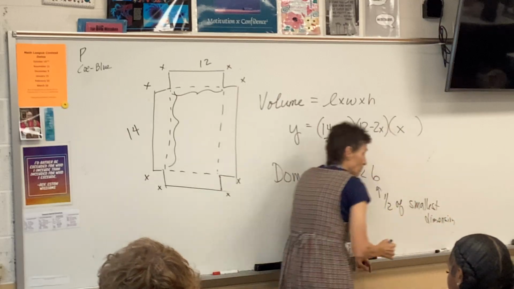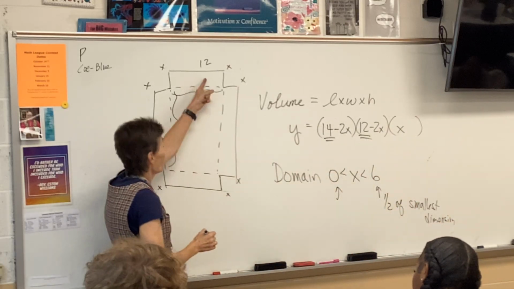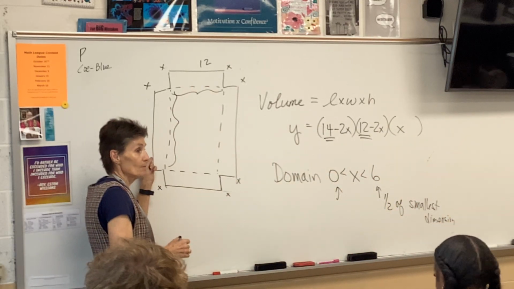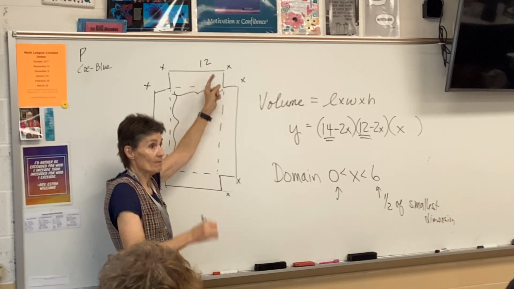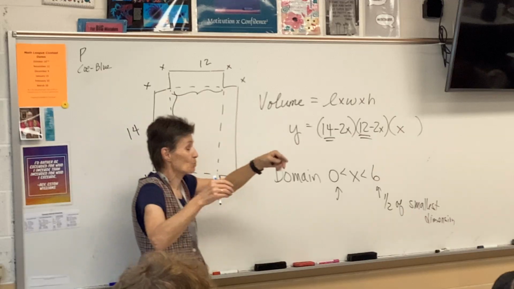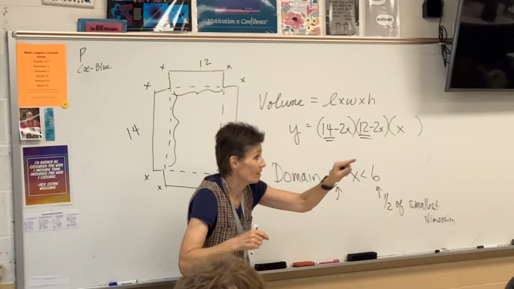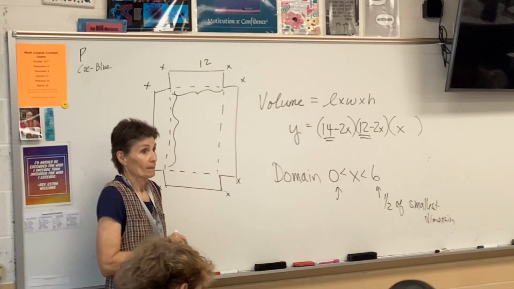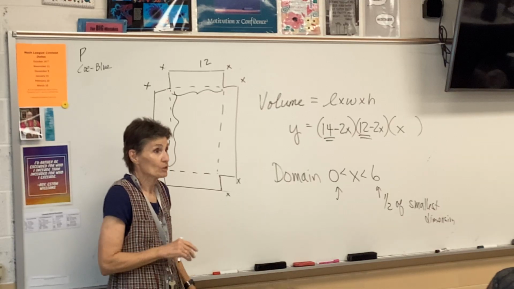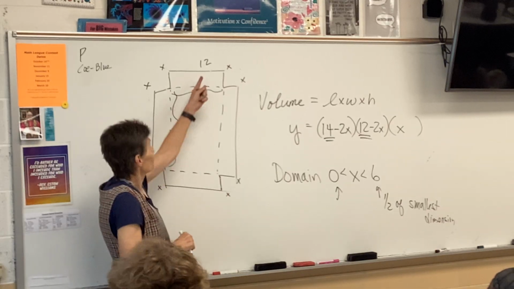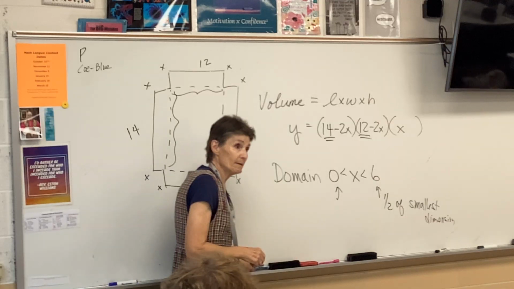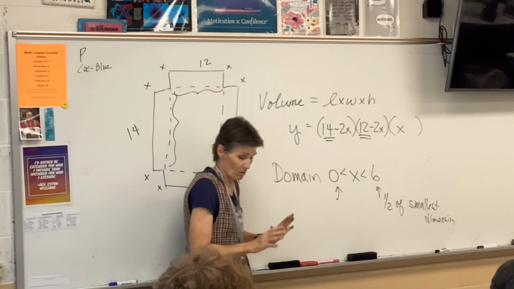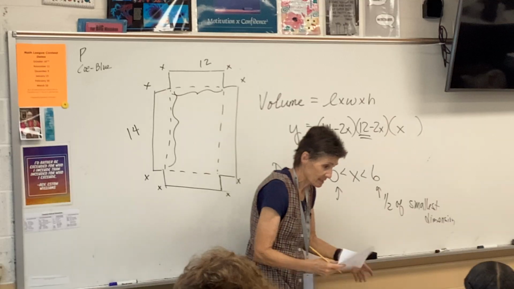So my paper was 12 by 14. The smallest dimension is 12, and the upper limit of x will always be half of that number. Will you ever have a decimal? Could be, if that were 15. Got it?